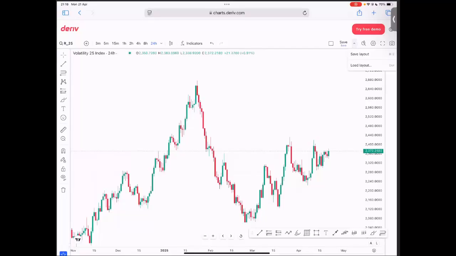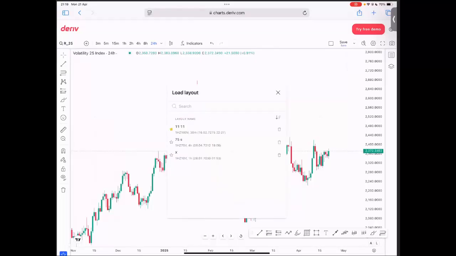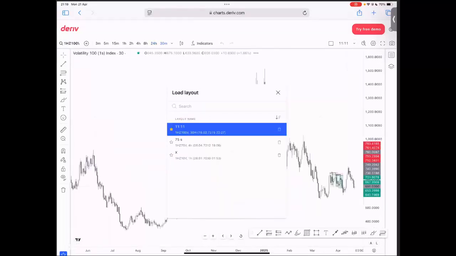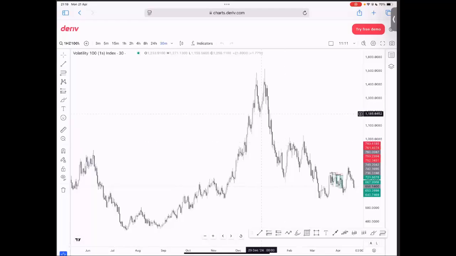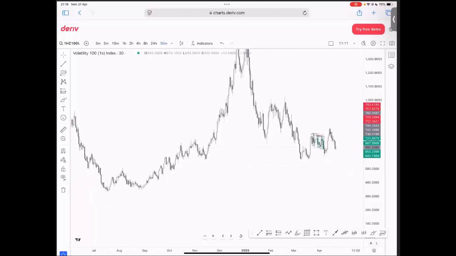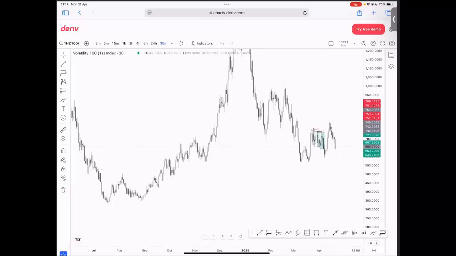This arrow that I'm pressing says save layout and load layout. When you load a layout that you have saved before, it automatically changes to what it is supposed to be, so that you don't keep asking. All right, welcome back.